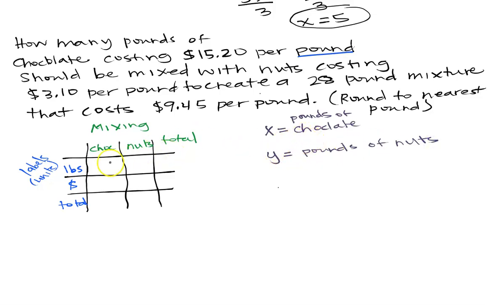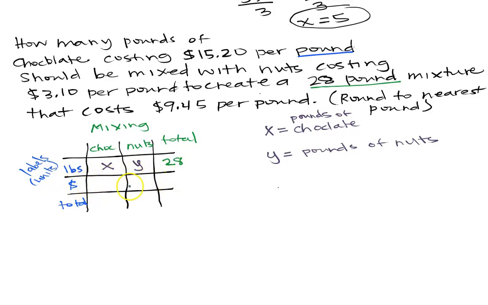And I don't know what either of those are, so I need to put those variables in there, the x and the y. But I do know the total pounds that I want to mix is 28, so that's going to go in the total here.